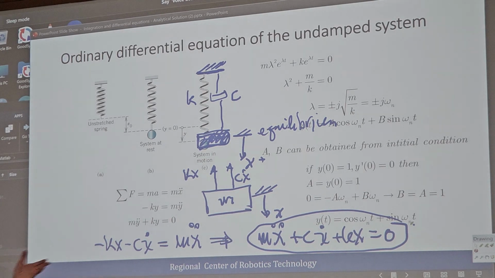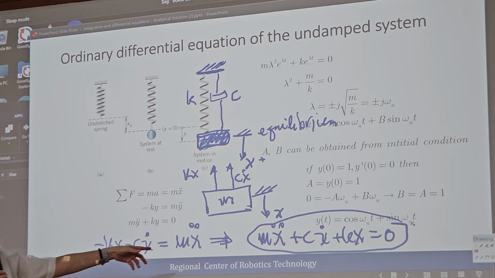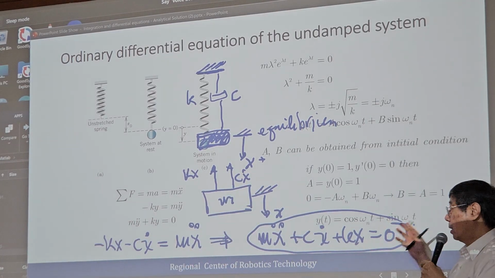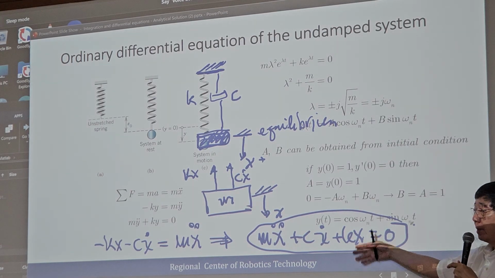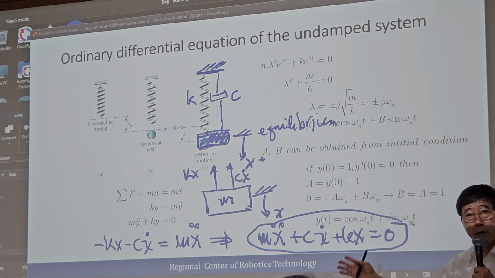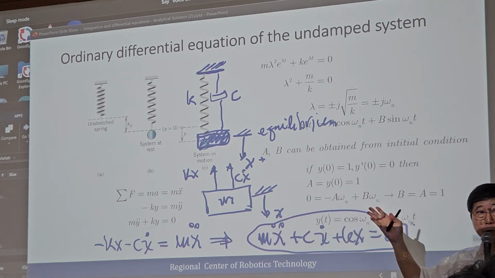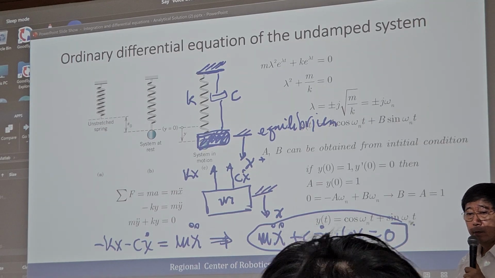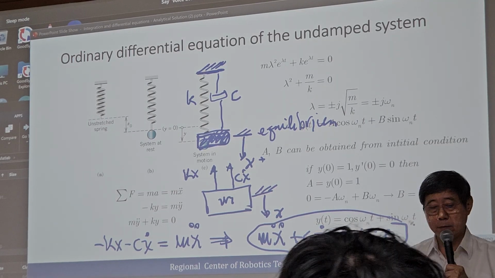Similar to before, x is not equal to 0 only because of the initial condition. If the initial condition is 0, the solution is the trivial solution x equal to 0.